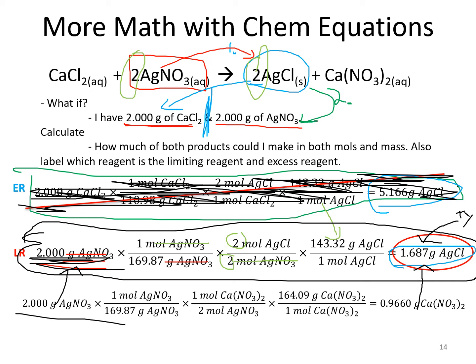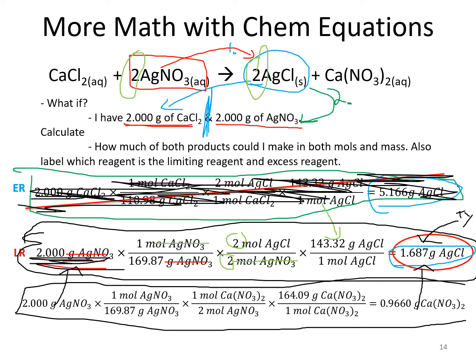And so the purpose of this last calculation here is to demonstrate that if I have 2 grams of silver nitrate, it's going to make 0.996 grams of calcium nitrate. So we can point it to either product.